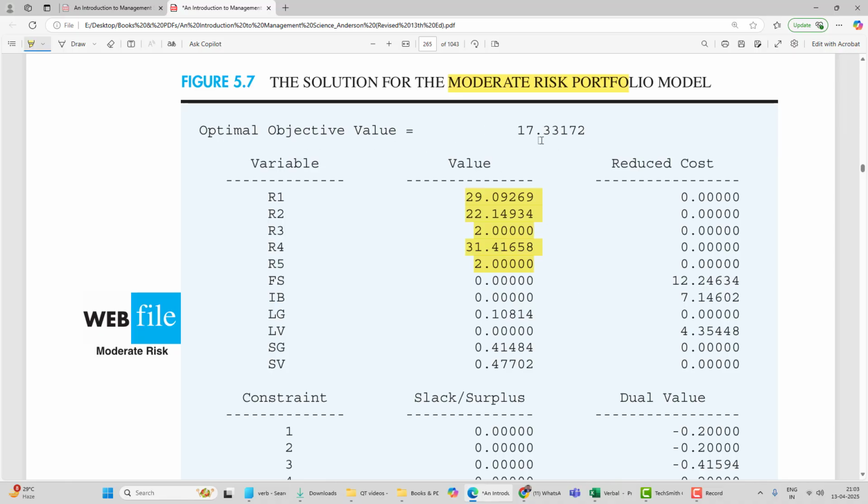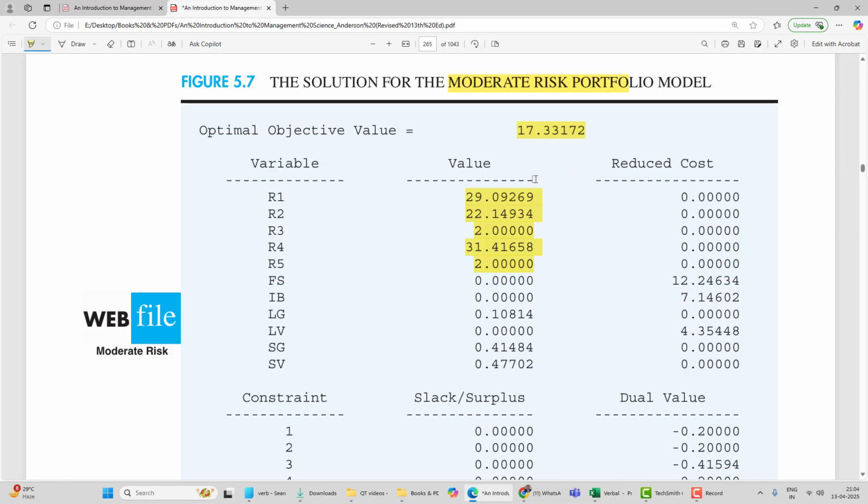So the optimum value will be 17%, but please understand that the 17% will never be the actual value, because any one of these five scenarios will happen. To show it as an expected value, we use this concept of probability multiplied by value, but in reality one of the scenarios will happen.